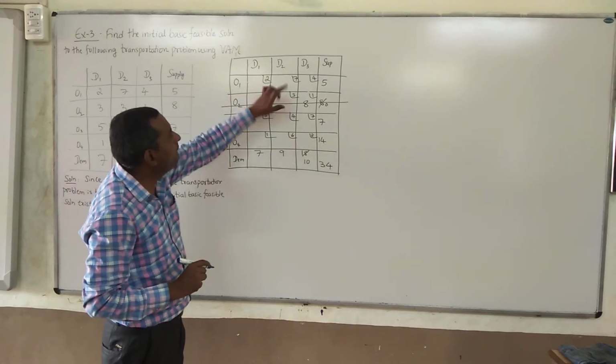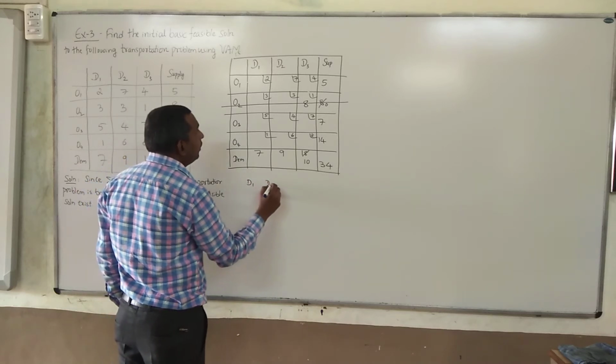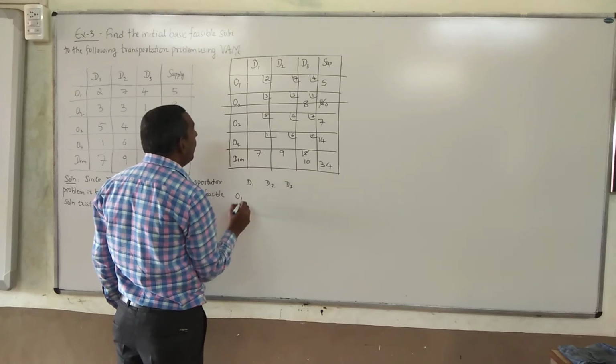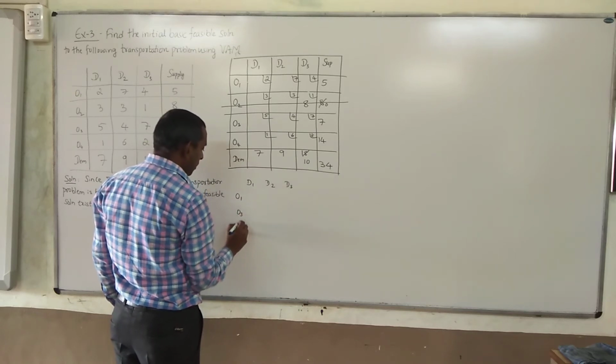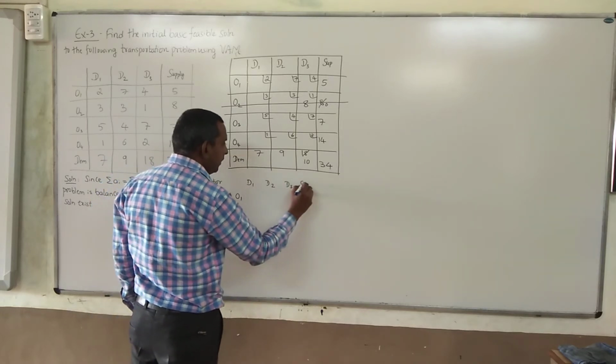Out of the remaining, let me write D1, D2, D3, and here O1, O3, O4. This is demand and this is supply.